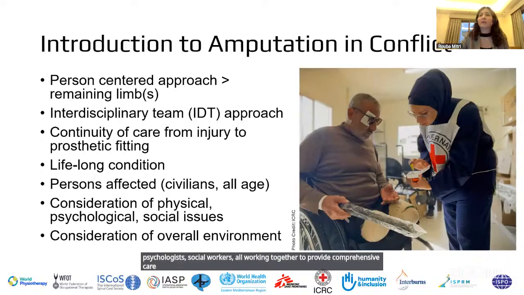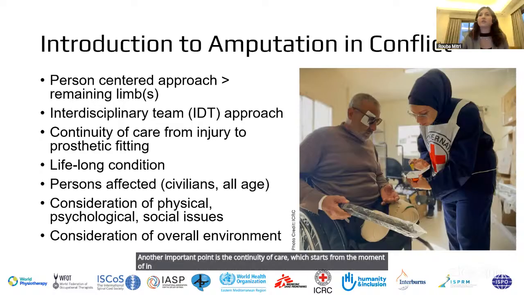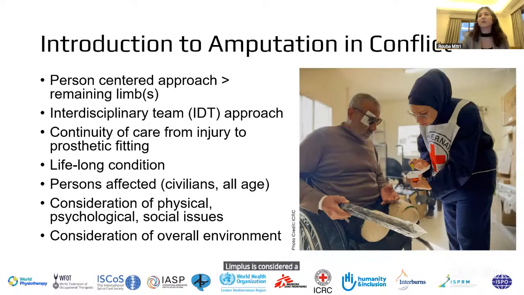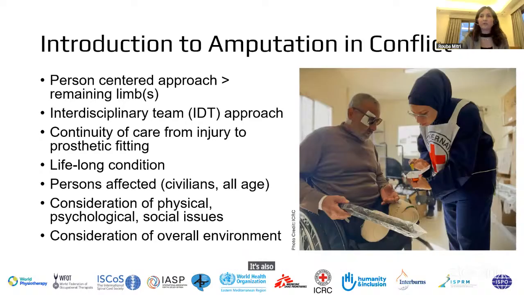Another important point is the continuity of care, which starts from the moment of injury and continues through prosthetic fitting and beyond. Limb loss is considered a lifelong condition, meaning individuals may require ongoing support and continuous follow-up care. It's also important to remember that anyone can be affected.